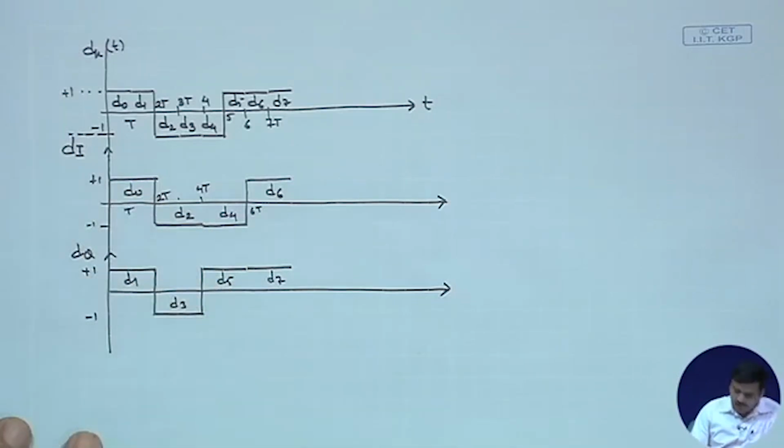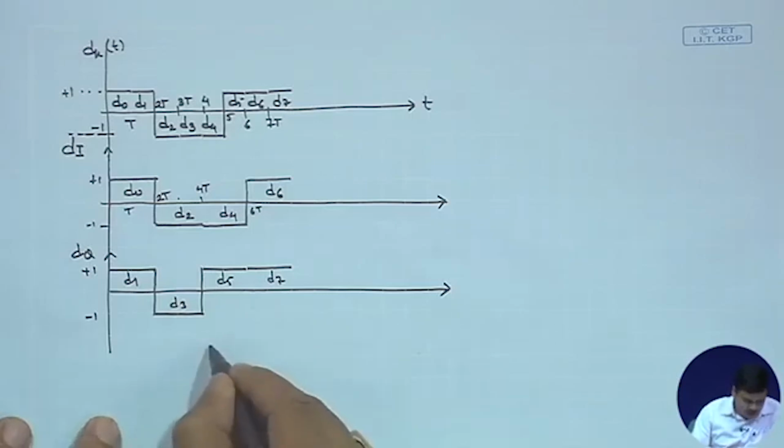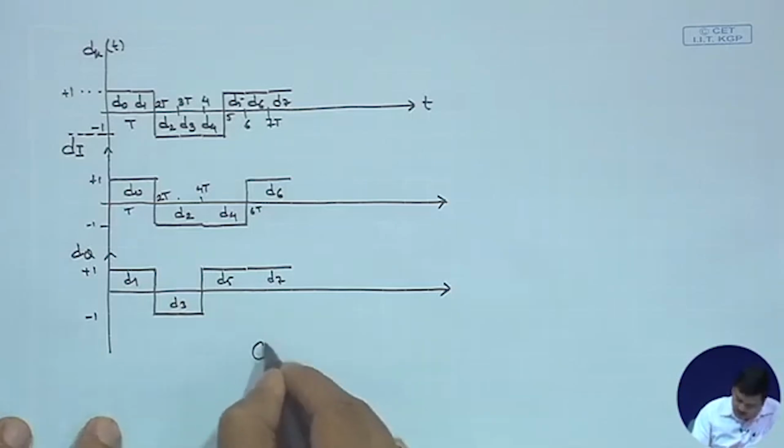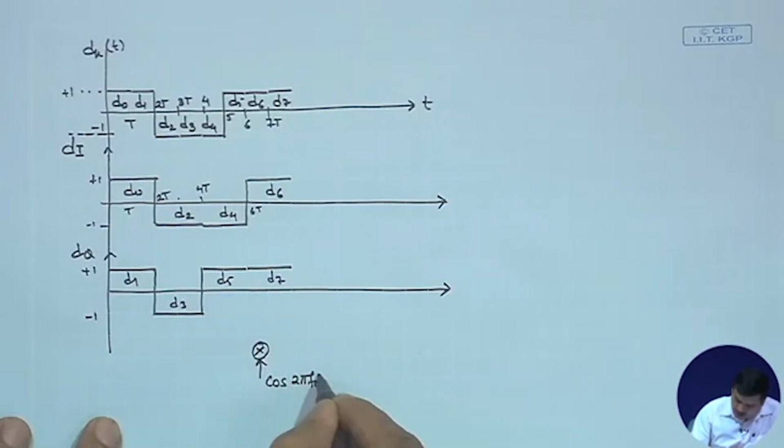And you could say that there is a local oscillator which is feeding cos of 2 pi f c t plus pi by 4, given the constellation that we have.